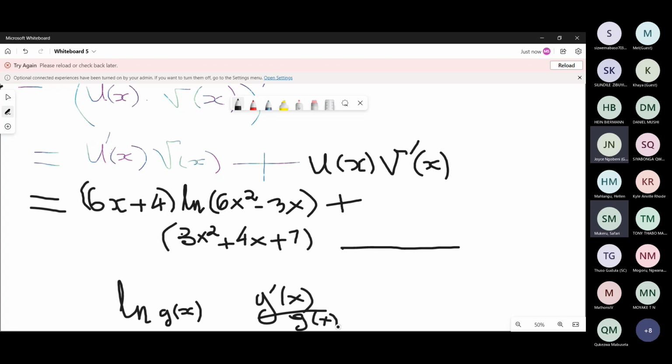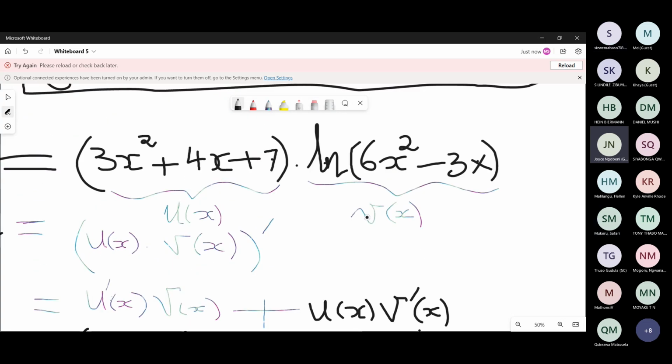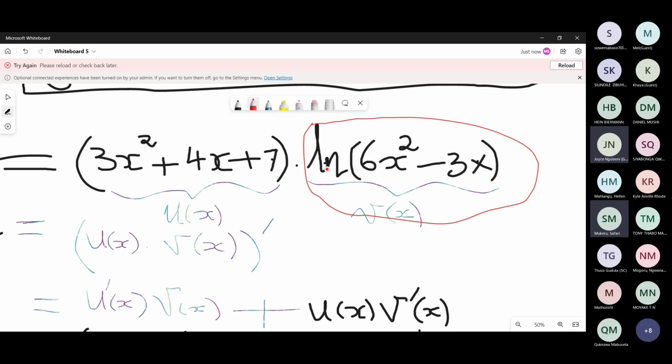Now we want to compute the derivative of this function. This is ln of this g, so we take the derivative of g over g.